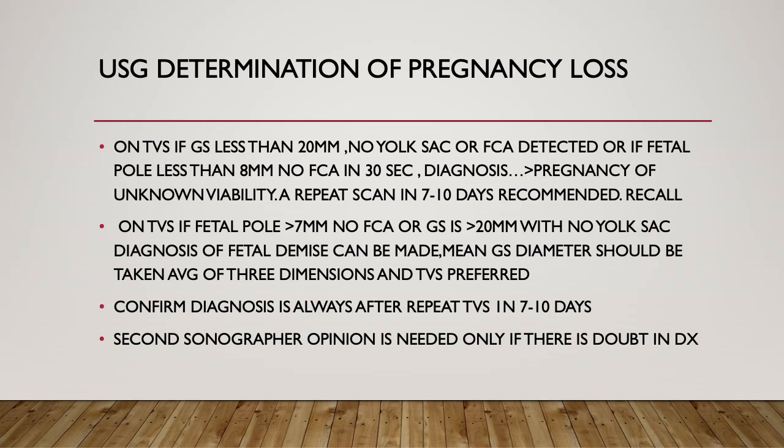If on TVS, specifically TVS, the gestational sac is less than 20 mm and there is no yolk sac or no fetal cardiac activity detected, at less than 8 mm, and the ultrasound probe should be held for at least 30 seconds to detect fetal cardiac activity, then on first ultrasound we can label it as unknown viability.